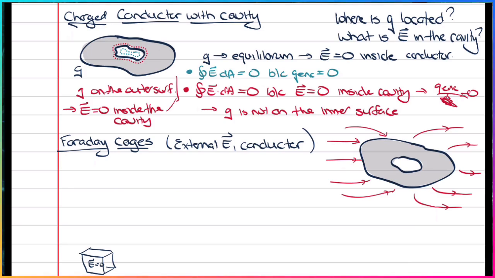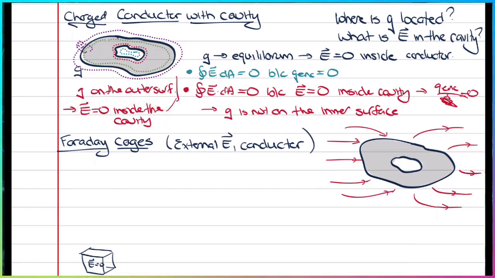And again, you could do a Gauss's law argument. Draw your surface just on the inside and then maybe another one just on the outside, like what we did before with the pillbox. You can reach the same conclusion: Q is entirely on the outside, the electric field inside the conductor is 0, and the electric field inside this hole is also 0.